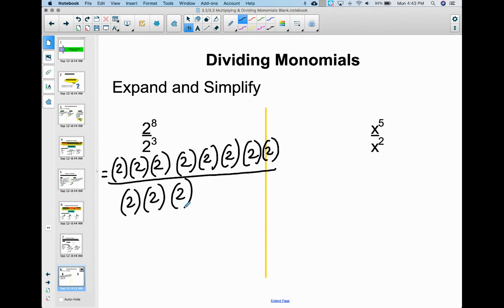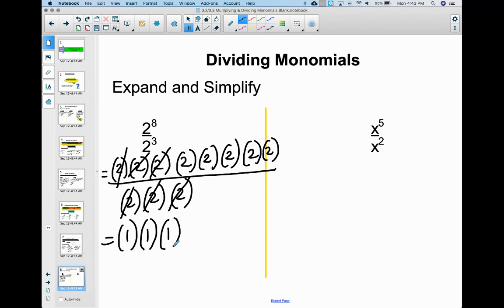Through our integer operations, we know that a number divided by itself would give us 1. So this pair of 2 would give us 1. That 2 divided by 2 would give us 1. That 2 divided by 2 would give us 1.